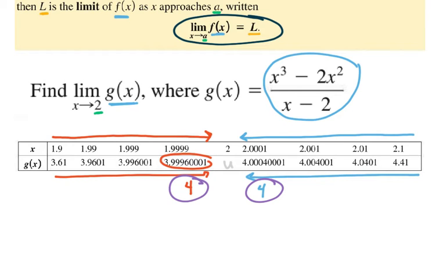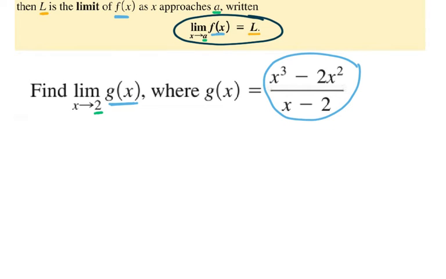So let's look at another way, maybe using algebra, which is what we're going to be relying on in this class. So if I think about using algebra, I'm going to take my function g of x equals, and again, we have x cubed minus 2x squared divided by the quantity x minus 2. I'm going to try and simplify this rational expression.